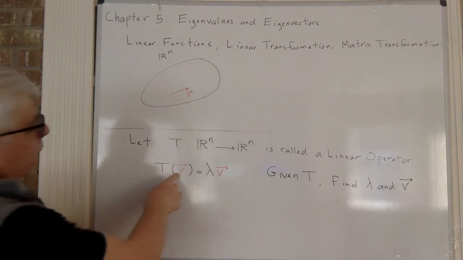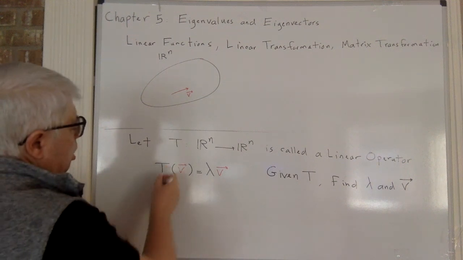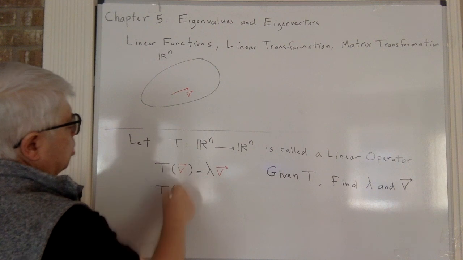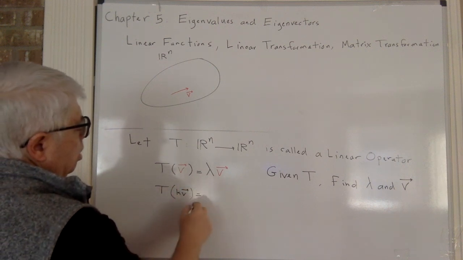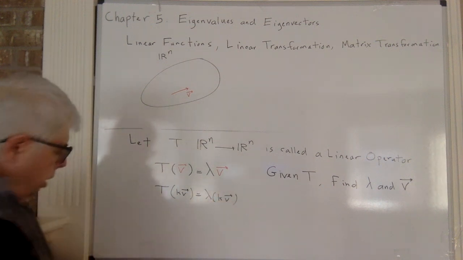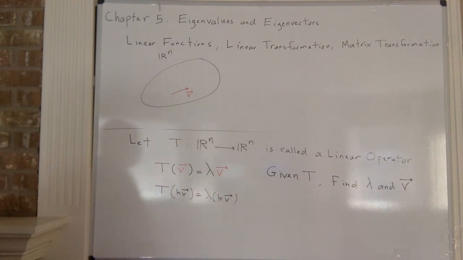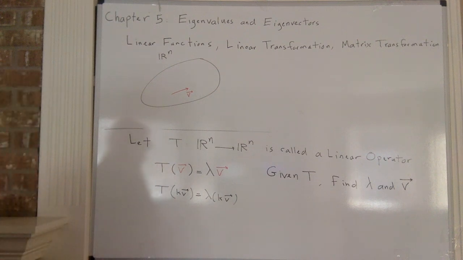And this V is not unique. If I multiply V by some K, any multiple of V is okay, which means any vector in this direction is a solution.